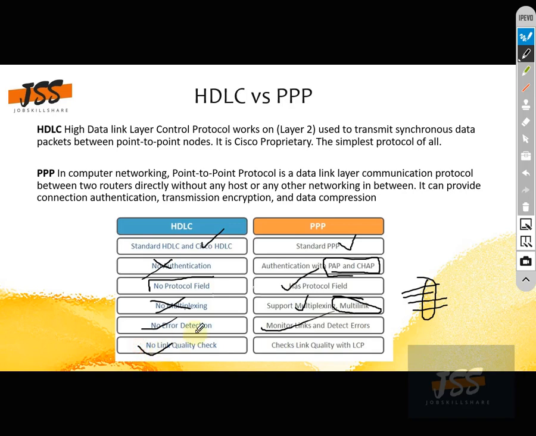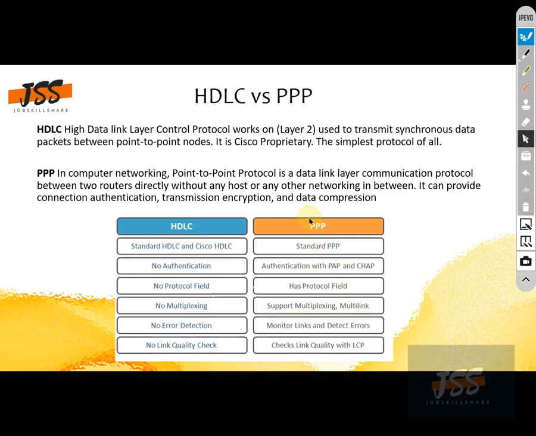There is no kind of quality check in HDLC, but PPP has a quality check with the help of LCP, the Link Control Protocol. When we have a connection between two routers, LCP is basically just like a heartbeat, and it checks the quality. So that's why PPP has so many advantages over HDLC.